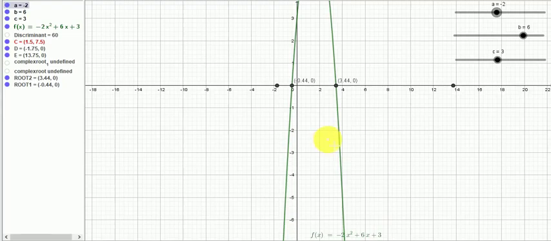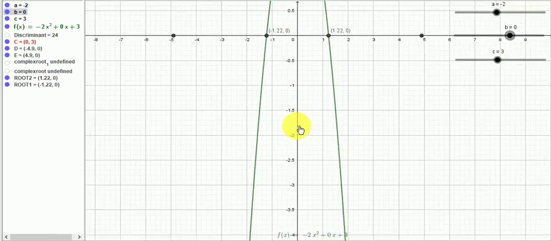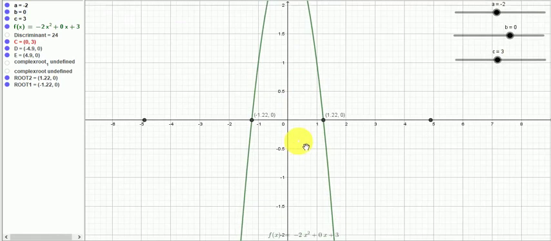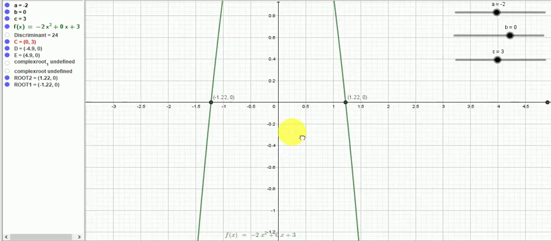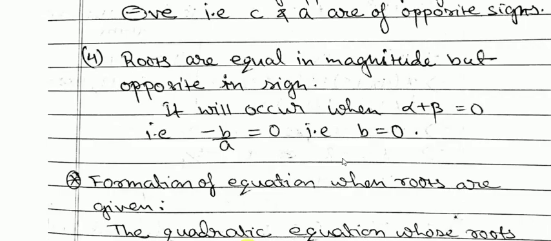So let's see, if I make b equal to 0, you can check over here: one is minus 1.22, the other is 1.22. So roots are numerically the same, magnitude wise the same, but sign wise opposite. Okay, so this is done.